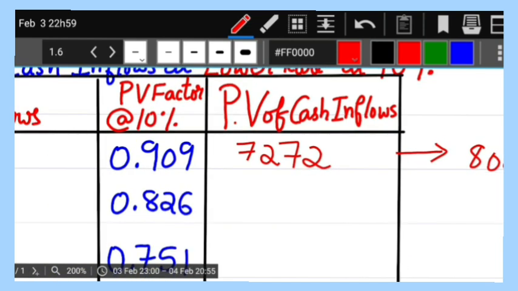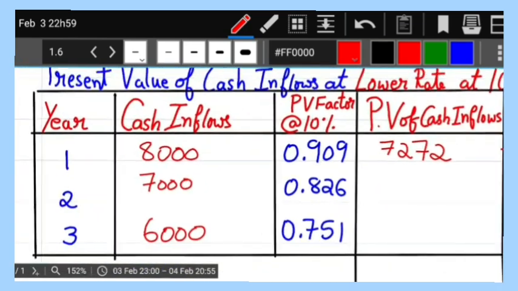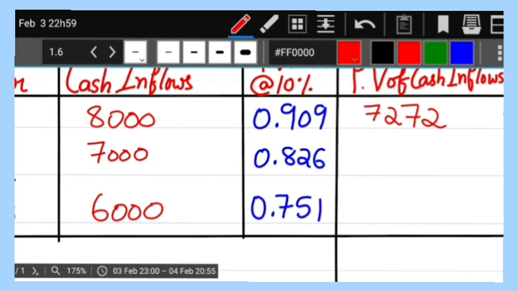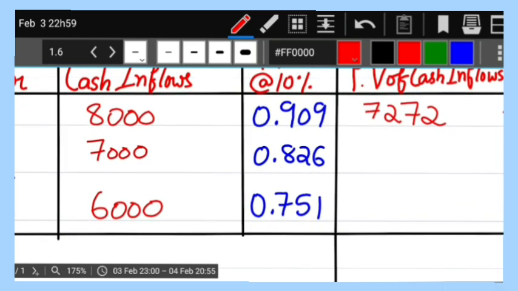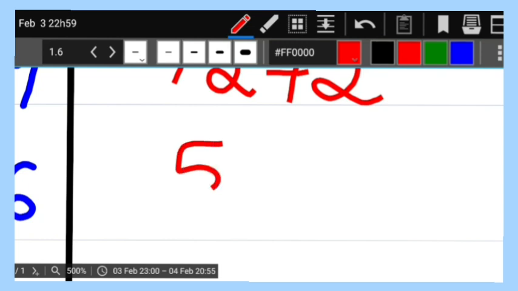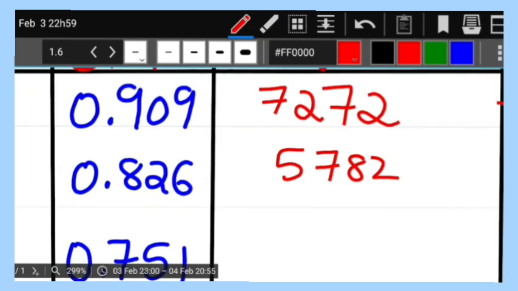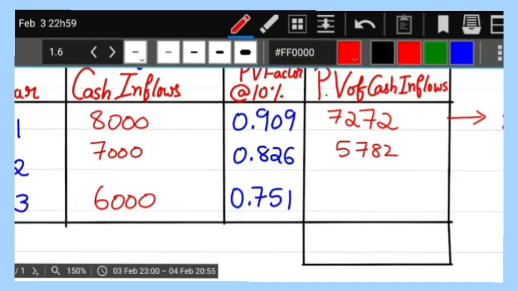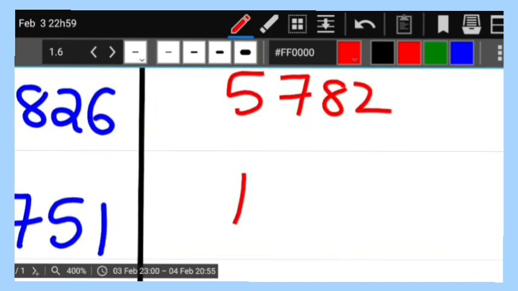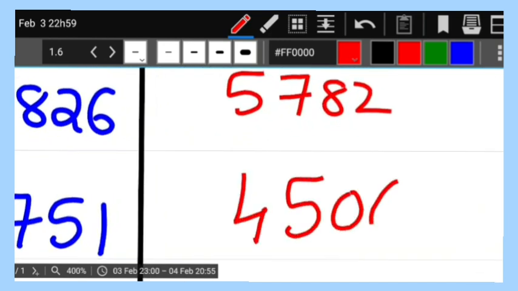This is the present value of cash inflows for year 1. For the second year, 7,000 into 0.826, I will get the answer 5,782. Now for the third year, 6,000 into 0.751, I will get the answer 4,506.